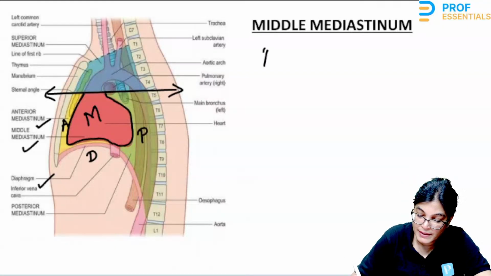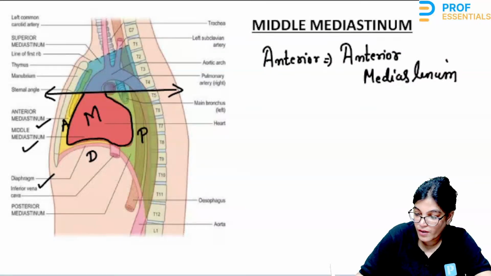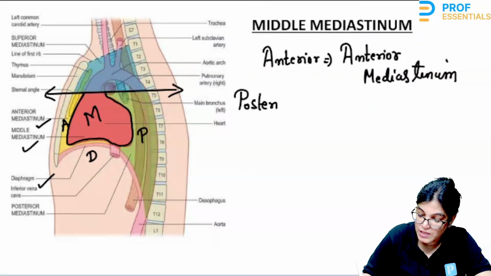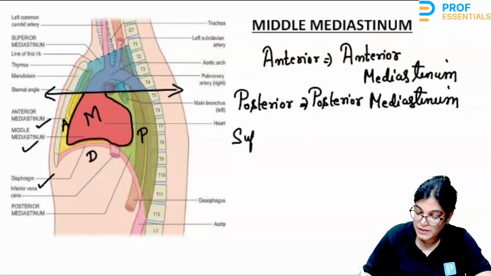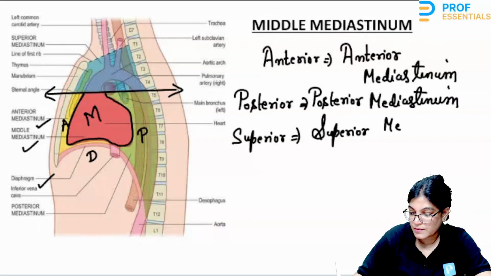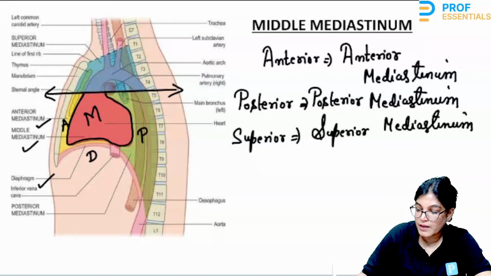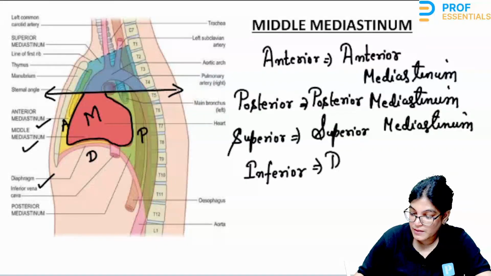The middle mediastinum is anteriorly bounded by the anterior mediastinum, posteriorly by the posterior mediastinum, superiorly by the superior mediastinum, and inferiorly by the diaphragm.